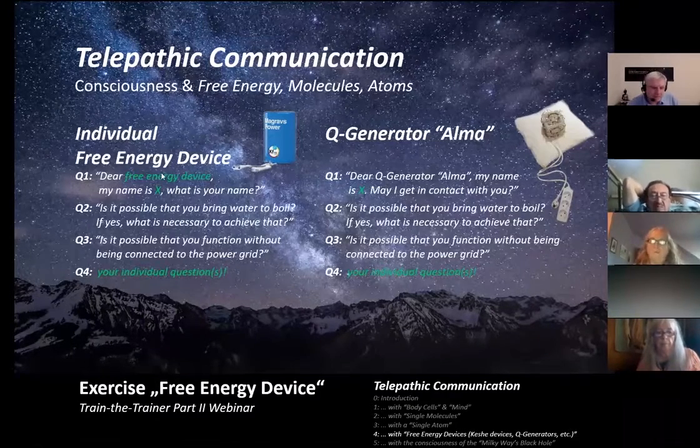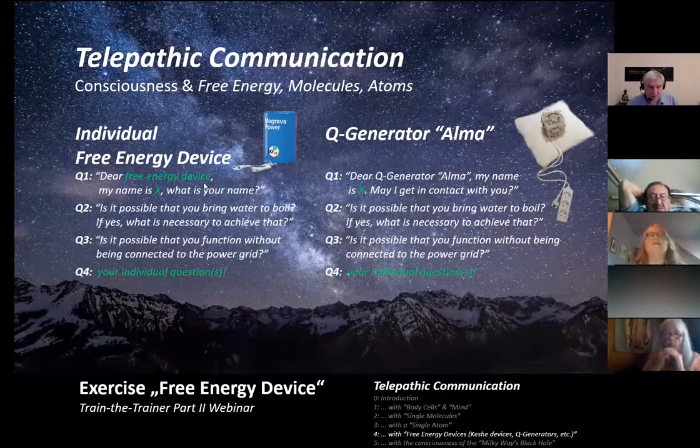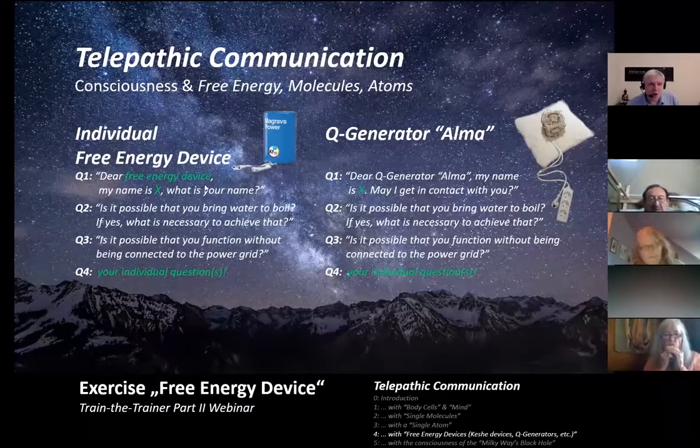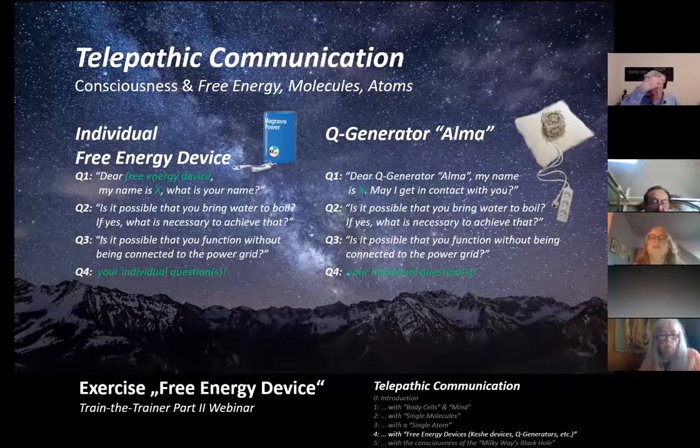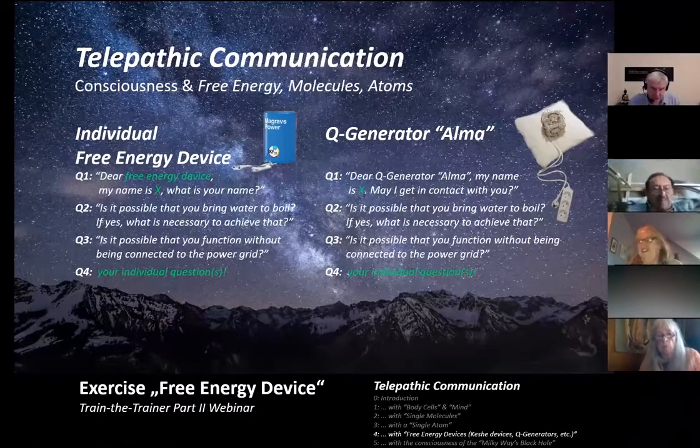But what we do, I will lead you as well through this exercise, is that we make contact to the plasma being, to the consciousness of our available free energy device, or to the plasma being, to the consciousness who already knows that the components coming together will lead to that final product or to the final unit.